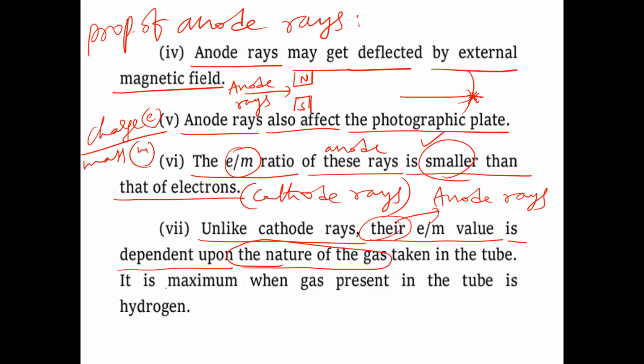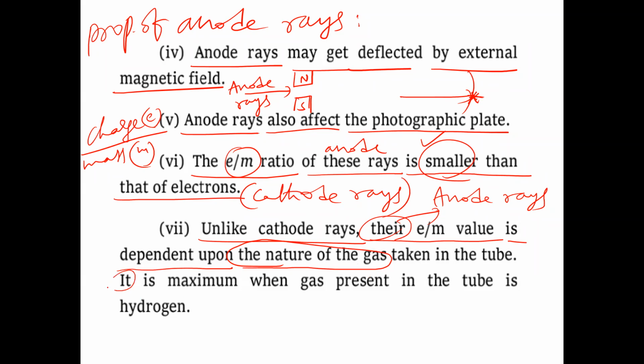Whatever gas is taken, that gas will decide the nature of the E by m value. Whether we have taken hydrogen gas or helium gas in the discharge tube, that will decide the E by m value of anode rays.